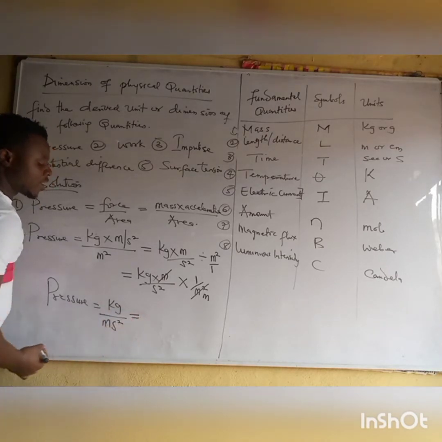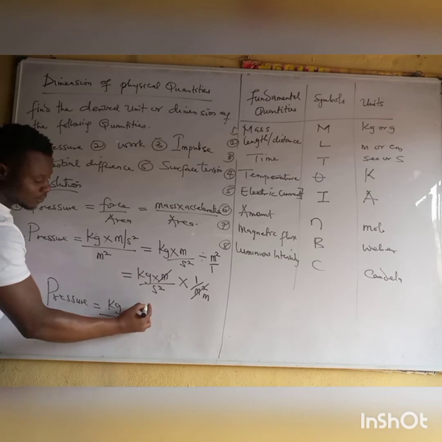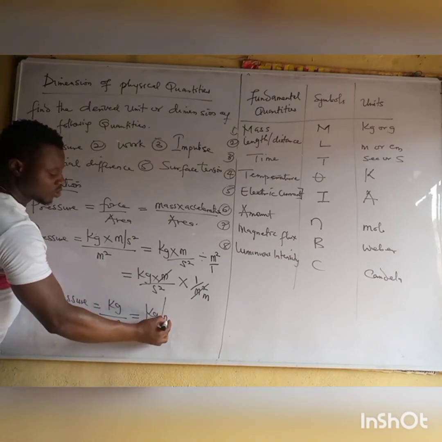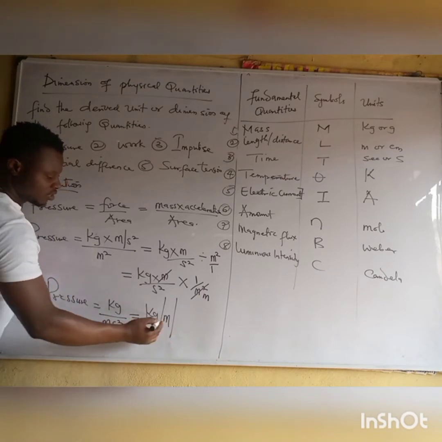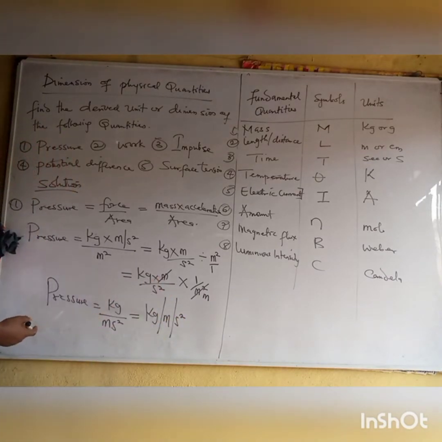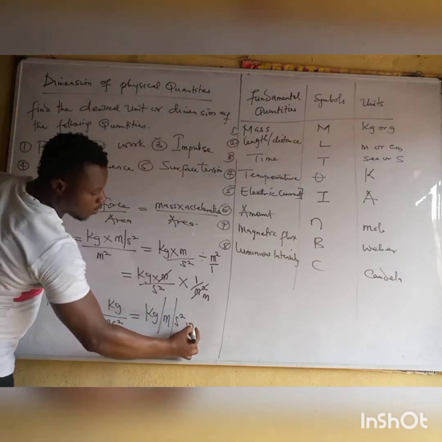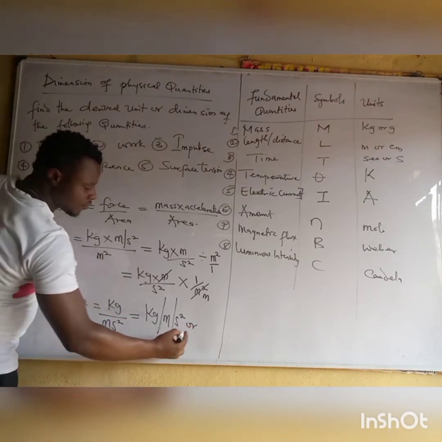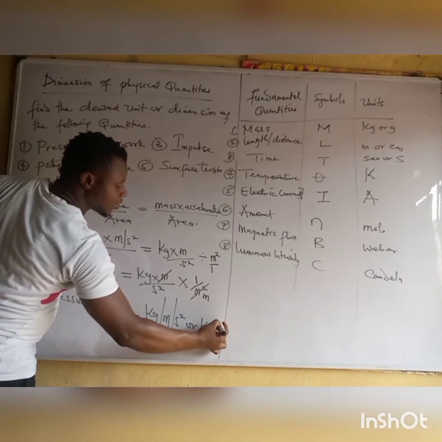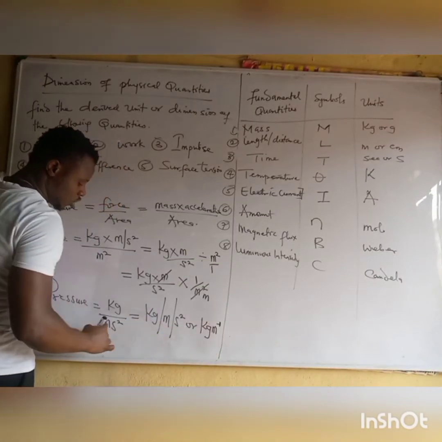Which implies that we have kg per meter per second square. We are putting 2 per because both of them are in the denominator. Or we can have kg meter minus 1, s minus 2, because of the denominator.